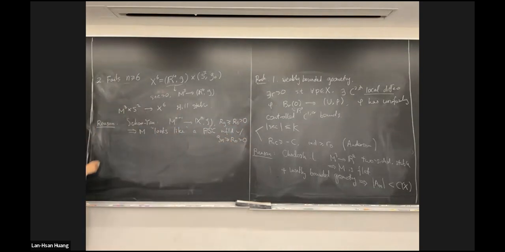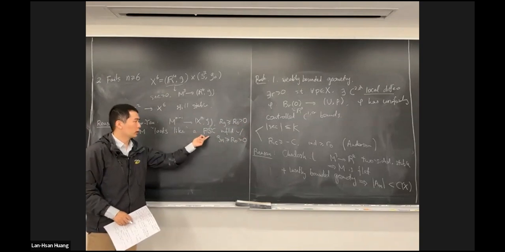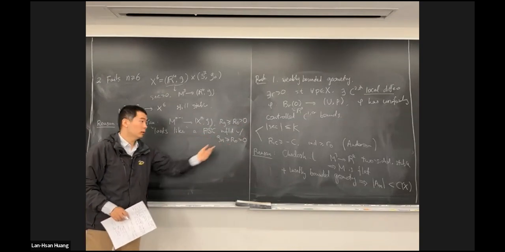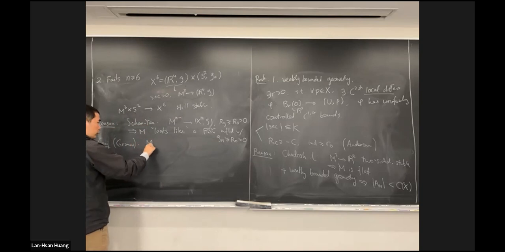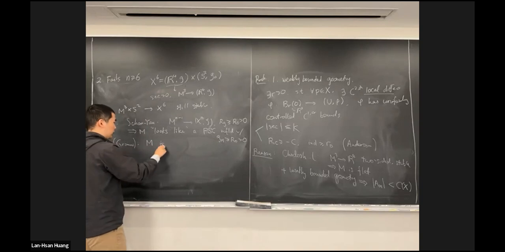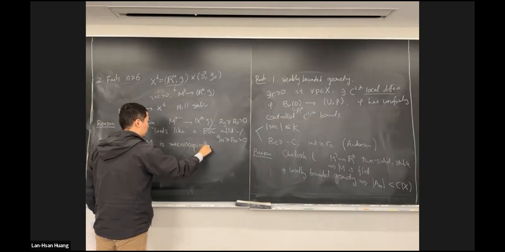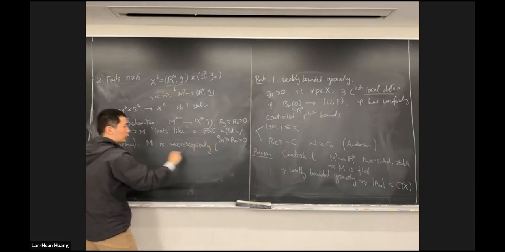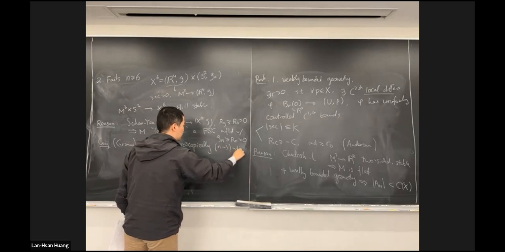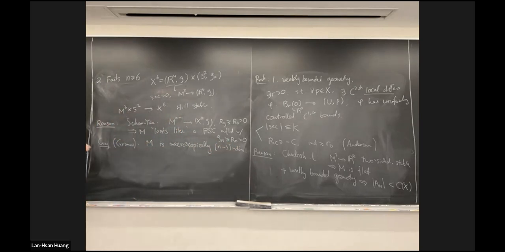But in this case, there's a famous conjecture, due, for instance, to Gromov, which says that if you have a manifold with scalar curvature bounded from below by a positive constant, then this manifold M should be microscopically codimension 2, so it's n-3 dimensional.